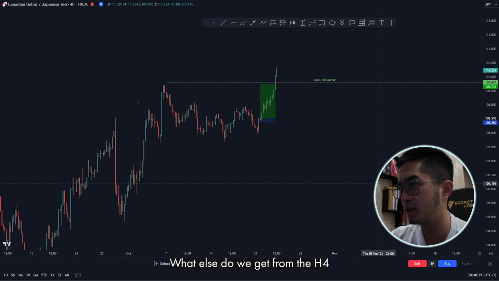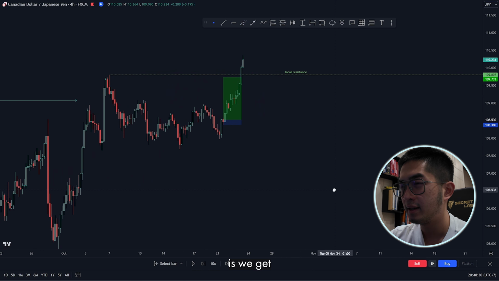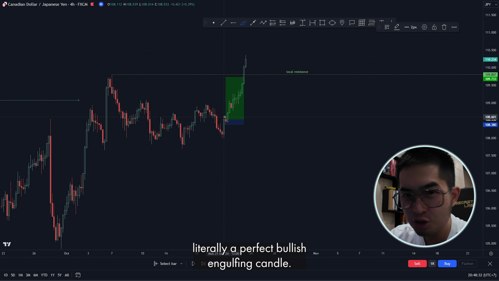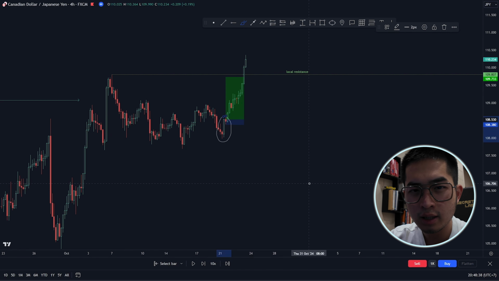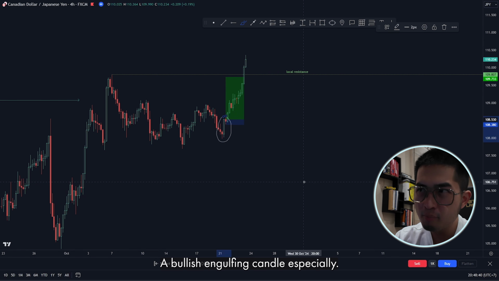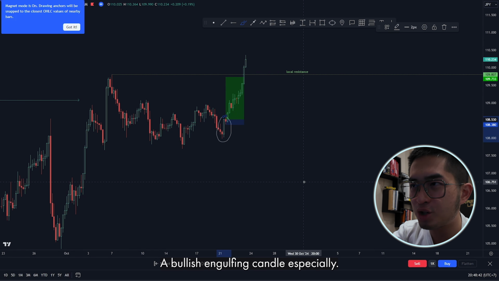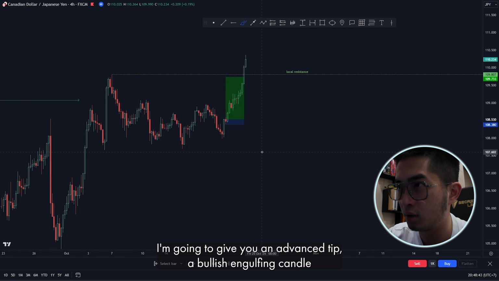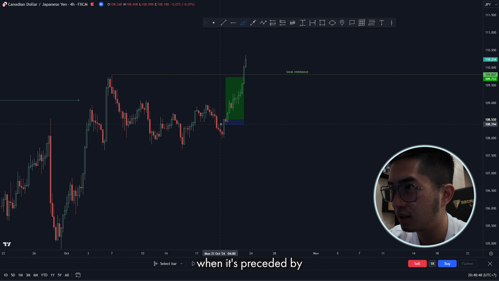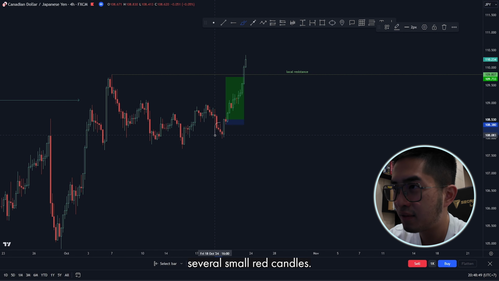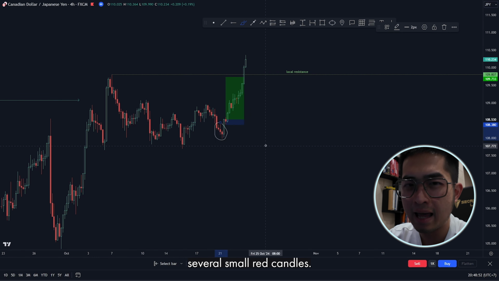What else do we get from the H4 is literally a perfect bullish engulfing candle. I'm sure you guys already know what this means. A bullish engulfing candle, and this is the key clue, I'm going to give you an advanced tip: a bullish engulfing candle, when it's preceded by several small red candles.